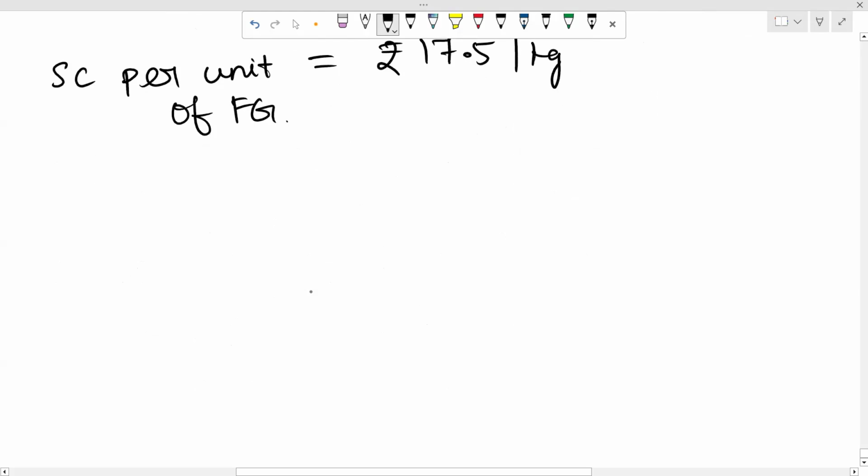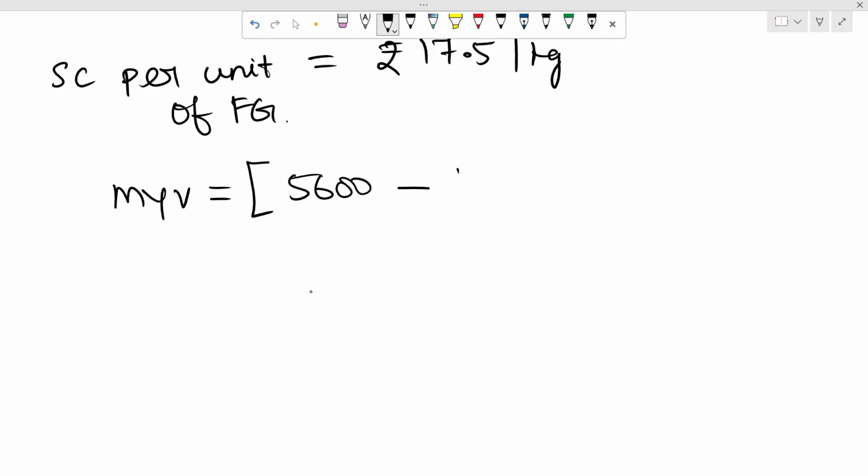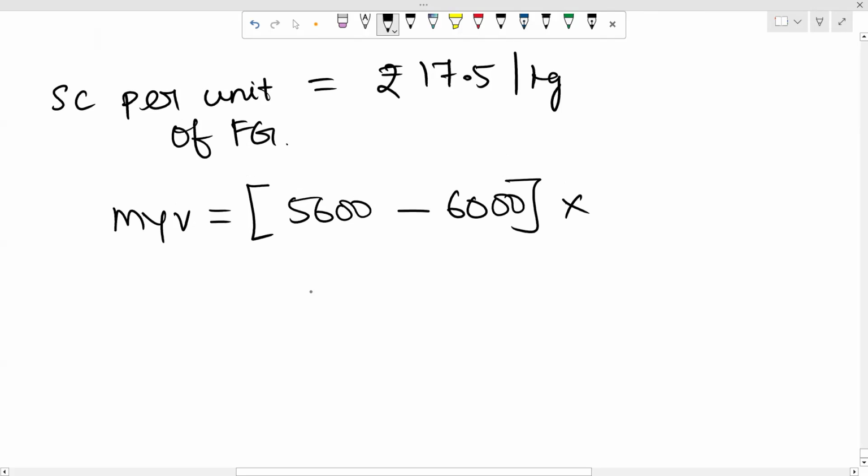So now we have all the relevant figures. Let's apply the numbers in the formula. Material yield variance is equal to actual yield minus standard yield into standard cost per unit of finished goods. Actual yield in this question is 5,600 minus standard yield of 6,000 into standard cost per unit of finished goods, which is 17.5. So it is negative 400 into 17.5.